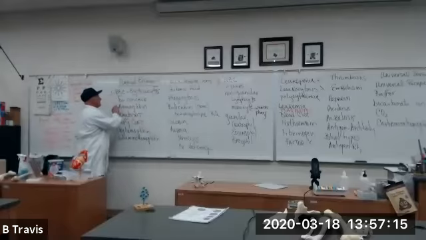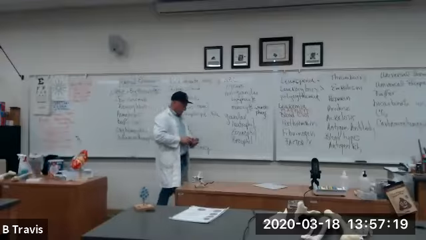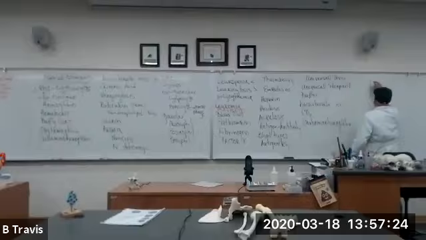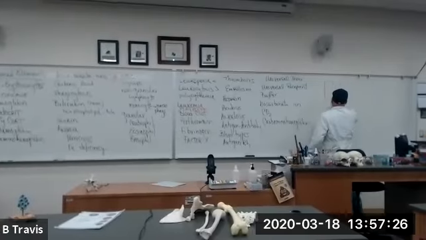Okay, characteristics of red blood cells. Number one, they're biconcave. Let's see what the heck that means. I'm going to draw three shapes up here.